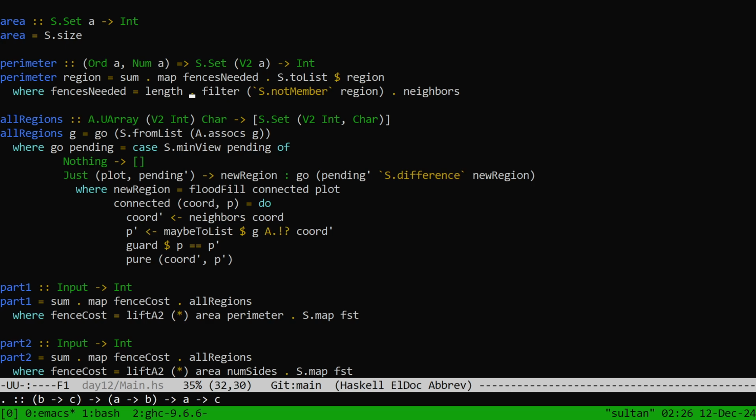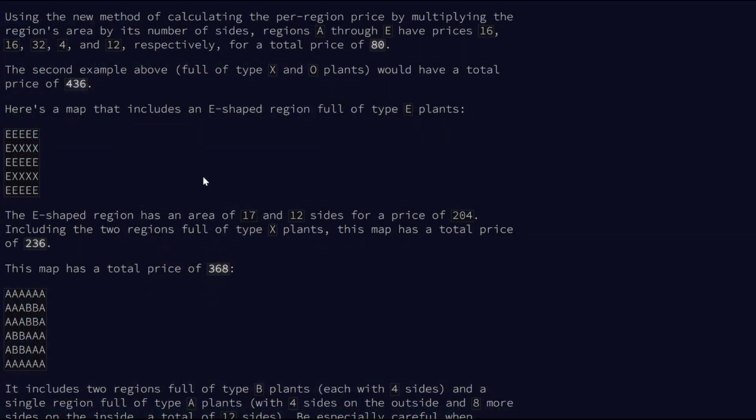Okay, I think trying to reuse perimeter is sort of needlessly miserly, and I should just write a new function that's like it but different. Okay, hang on. There's something I'm not sure about yet. Let's read the problem statement some more.